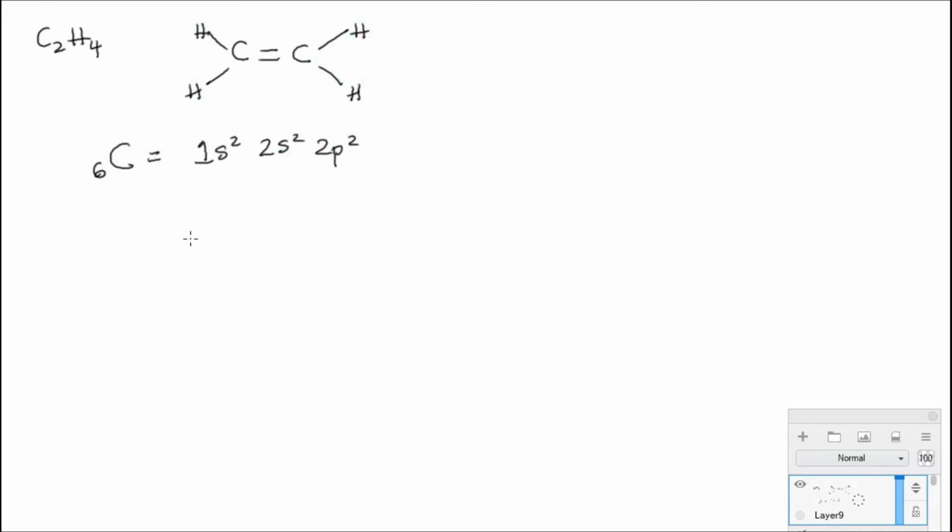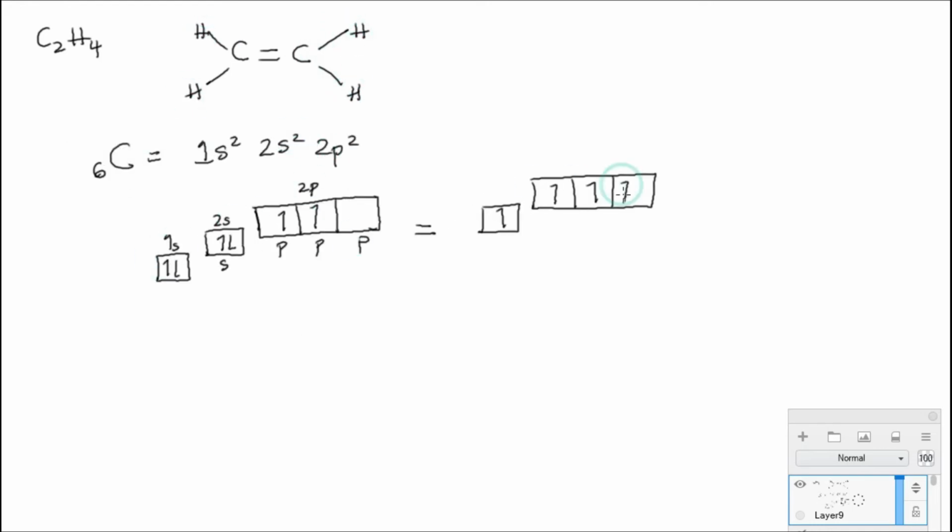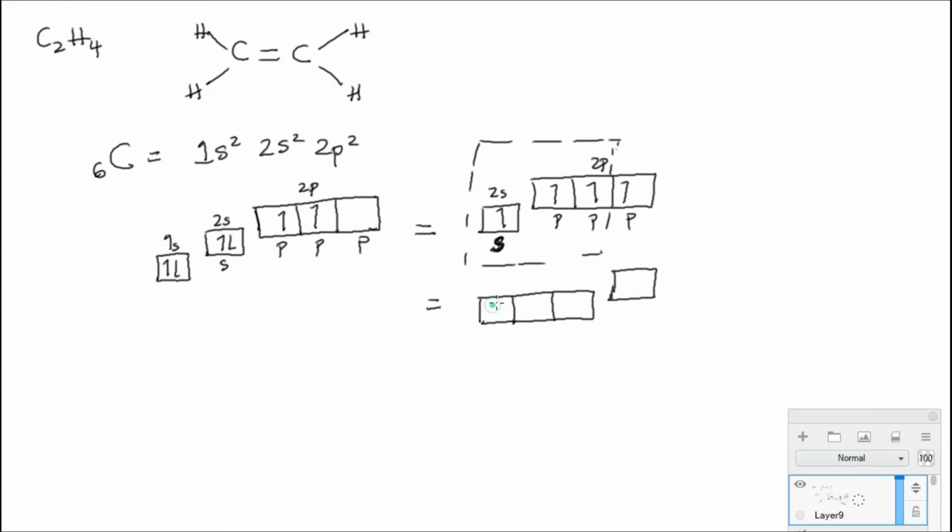What happens to carbon in C2H4? After being excited within a particular environmental condition, carbon only mixes 2 of the p orbitals with the s orbital, forming sp2. It means that 1 p orbital is left unhybridized.